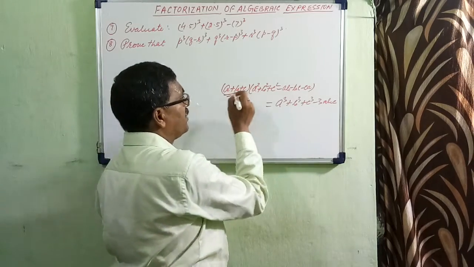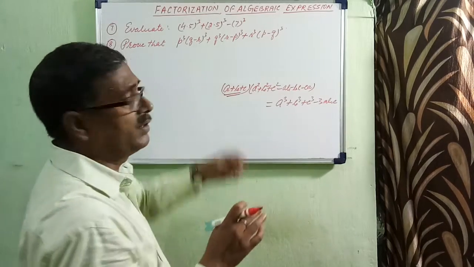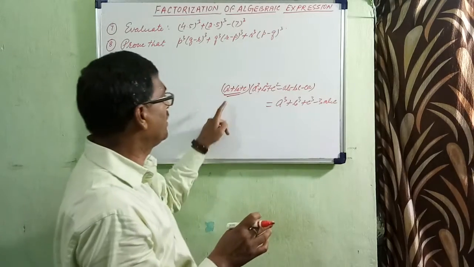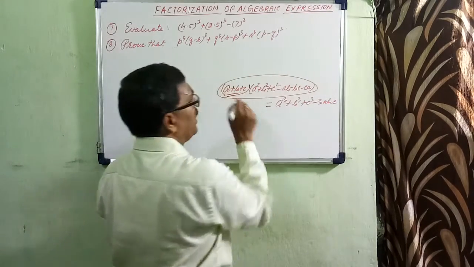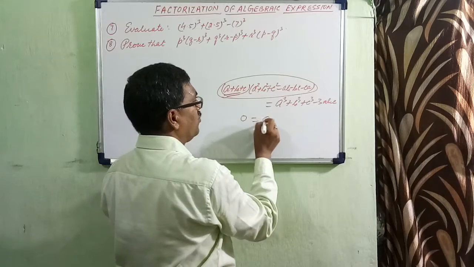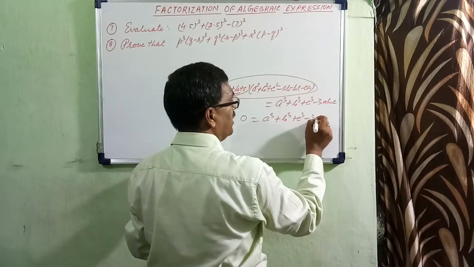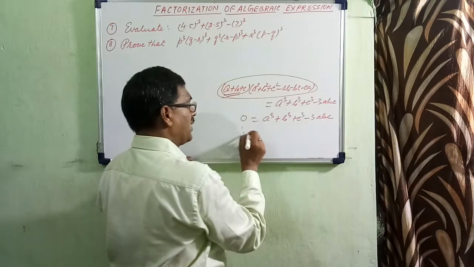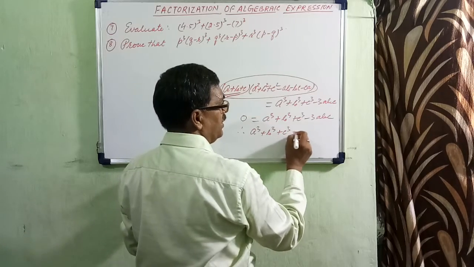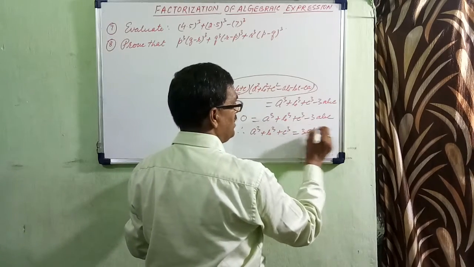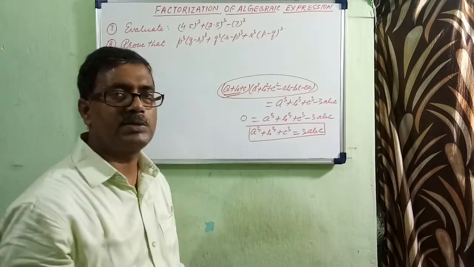If you find that A plus B plus C is equal to 0, then what will happen? The whole LHS will become 0. So 0 is equal to A cube plus B cube plus C cube minus 3ABC, and hence we can say A cube plus B cube plus C cube is equal to 3ABC.